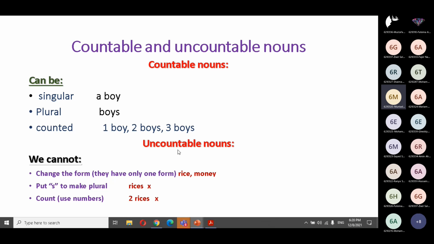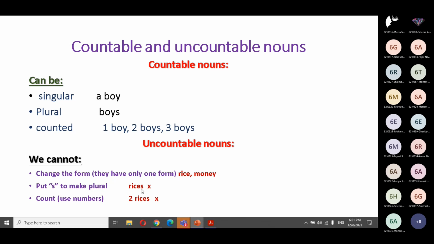But the uncountable nouns, we cannot change the form. They have only one form. For example, rice, money, you cannot put s to make plural.